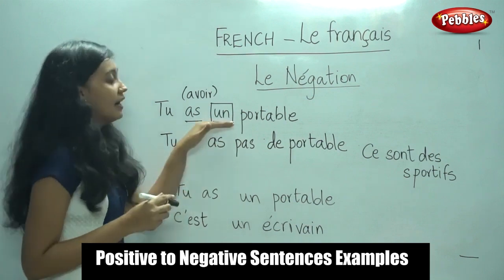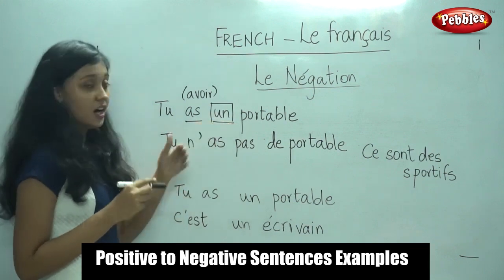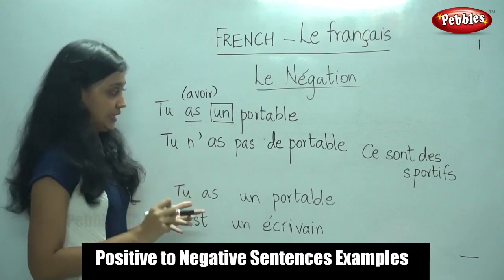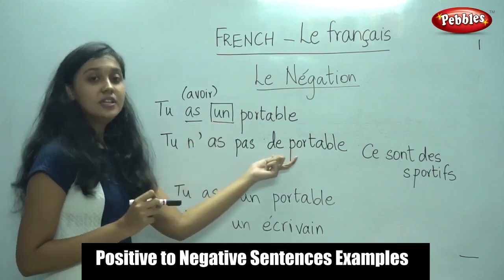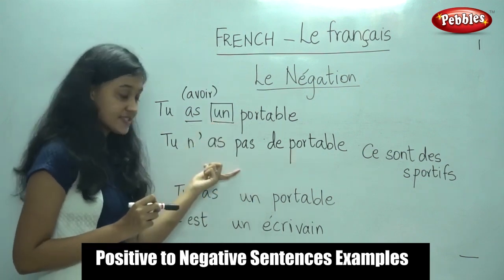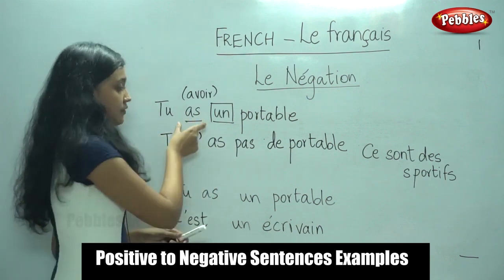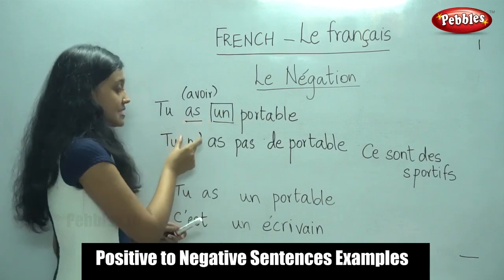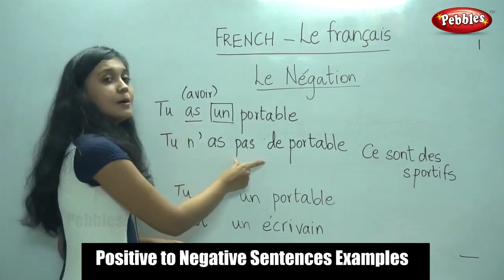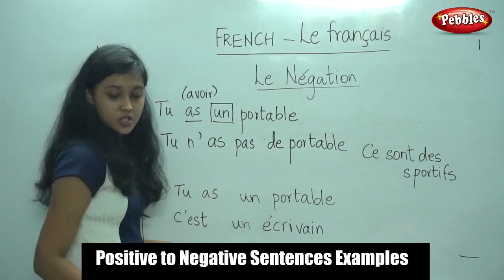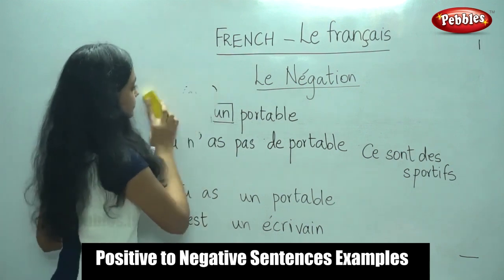So, when you have an indefinite article, un, une or des, you would replace it with de in the negative sentence. So, repeat along with me. What are the steps? We would identify the verb. We would place ne before the verb and pas after the verb. So, are you clear with that?